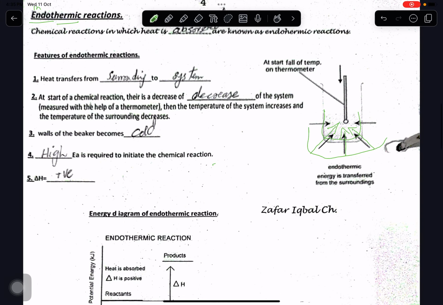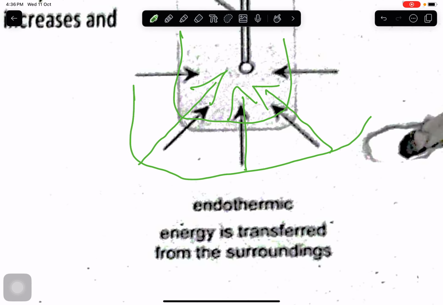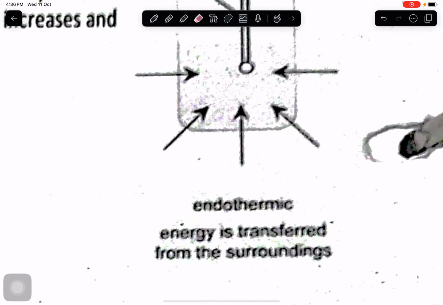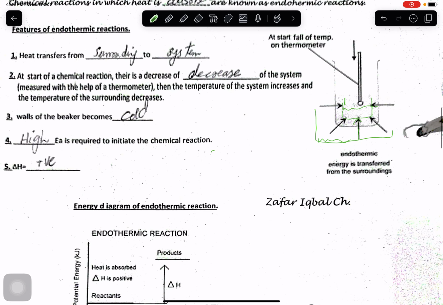Okay, it means initially the temperature of this system will be lower and the temperature of the surroundings will be higher. But after some time, when the system absorbs energy, the temperature of the system will increase and the temperature of the surroundings will decrease.